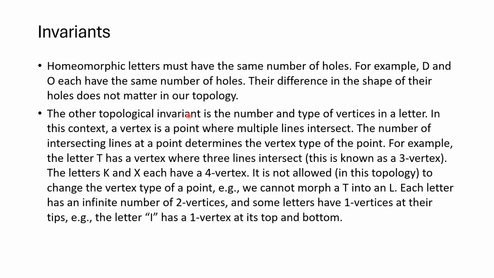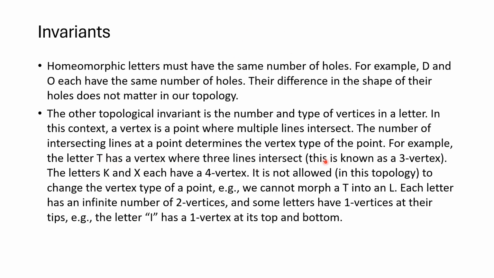The other topological invariant is the number and type of vertices in a letter. In this context, a vertex is a point where multiple lines intersect. The number of intersecting lines at a point determines the vertex type of a point. So, for example, the letter T has a vertex where the 3 lines intersect. So right here, you have a small line here, and then the longer line going down.